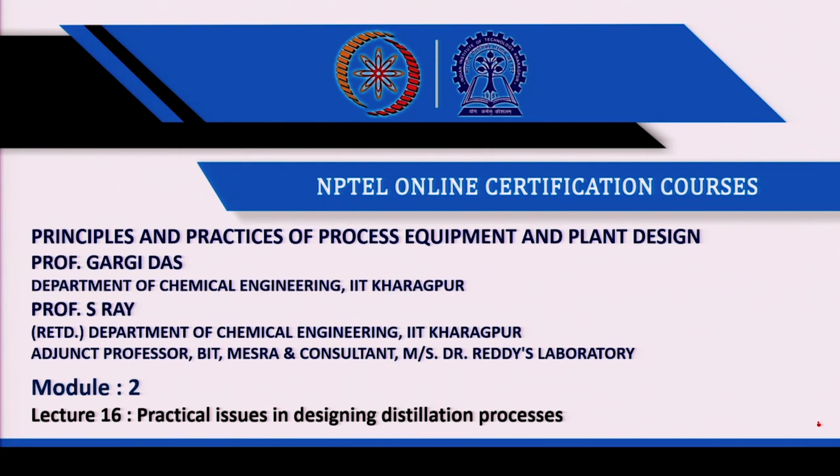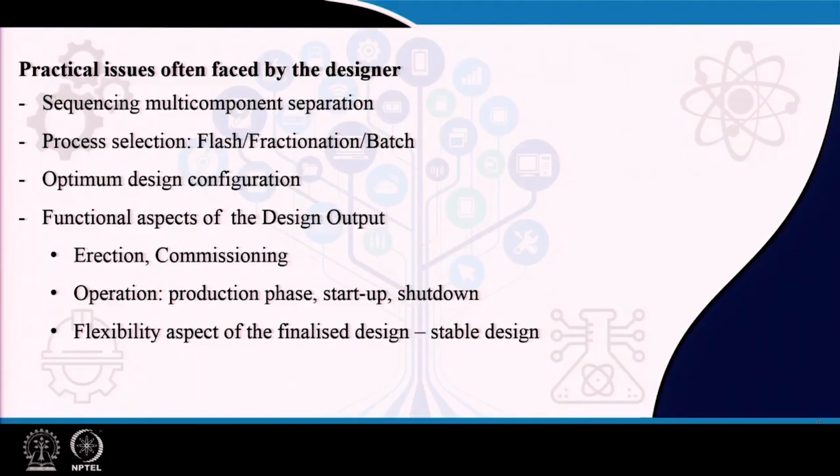Today what we are going to decide is about the practical issues normally faced by the designer while he is engaged in designing such distillation separation processes. To start with, very often he is supposed to handle multi-component separations.